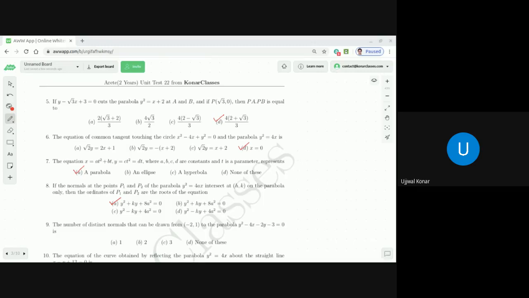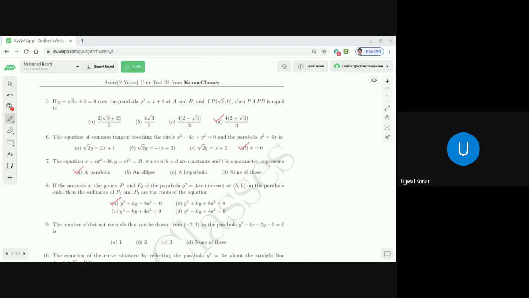There is a precondition, and if you look into my study material, you will get it. Let's take the point P1 as a parametric point on the parabola, that is (at1 square, 2at1), and P2 be (at2 square, 2at2). According to the given condition, the normals at the points P1 and P2 of the parabola y square equal to 4ax intersect on the parabola only. So there is a condition that t1 into t2 should be equal to 2.